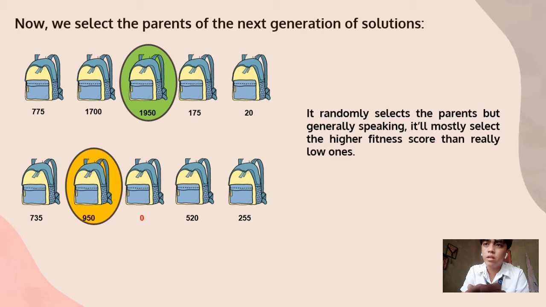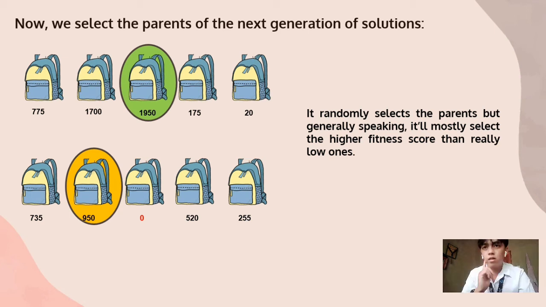Knapsack number 7 is 950, then knapsack number 8 is 0. Why 0? Because it has too many items and exceeded the 2,000-gram limit.